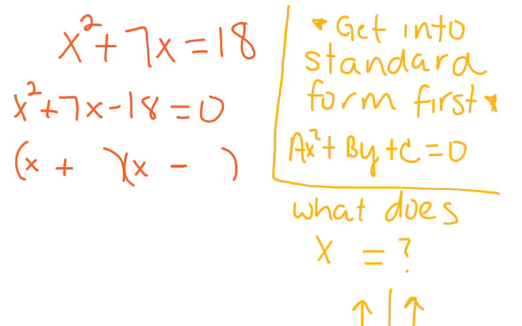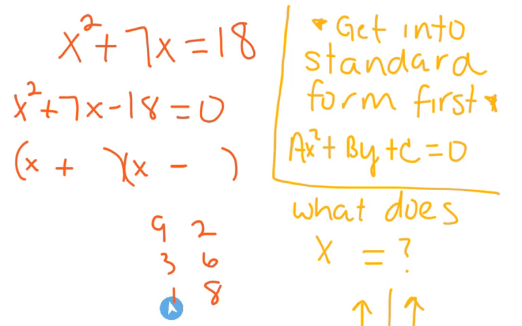And our factors of 18, let's see. We have 9 and 2, 3 and 6, 1 and 18. Now out of those three, which do you think are going to add together to get 7? Well, I have a 9 and a 2, right? Those will add up to get 7 if we subtract the 2.